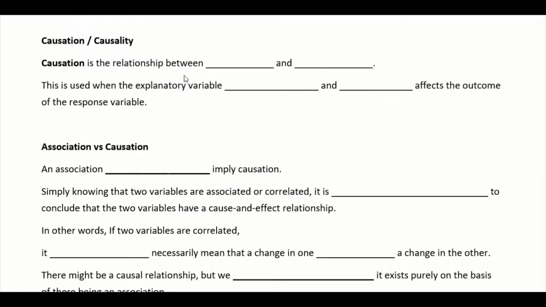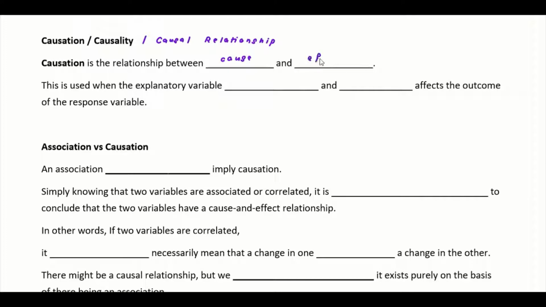All right, let's look at this new term here: causation, causality, or sometimes called the causal relationship. By looking at these words, they all come from the root word cause. So causation is basically the relationship between the cause and the effect.